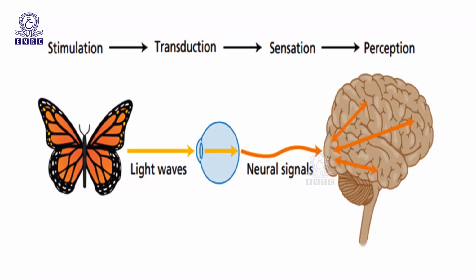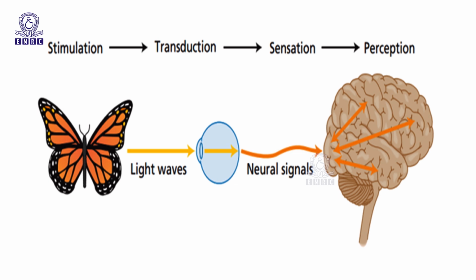We can understand the process by dividing it into some steps. Firstly, the stimulus, which signifies any change in form of energy in the environment, such as sound waves. Secondly, transduction, which we discussed, where energy is changed into electrical impulses that travel to the brain.